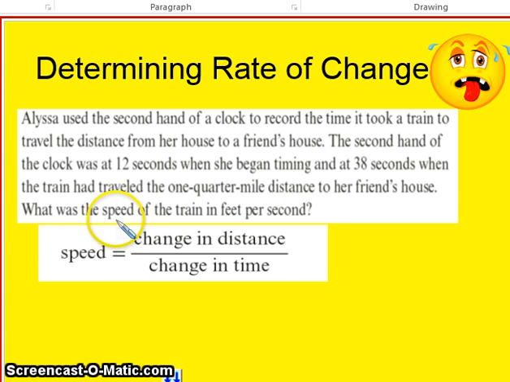So we're looking for speed, which is a rate of change. And speed is the distance per the amount of time. So to find the speed, we need to find the change in the distance and divide it by the change in time. Again, distance is our dependent variable. Time is our independent variable. So we know that the train traveled 1/4 of a mile, or 0.25 miles.